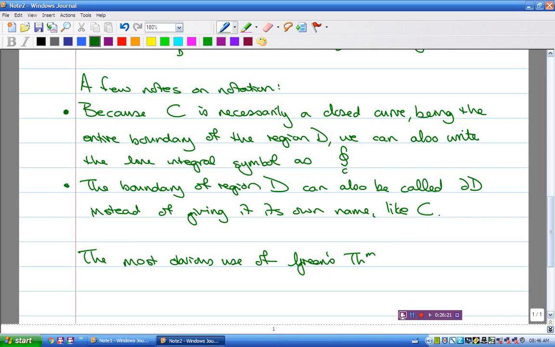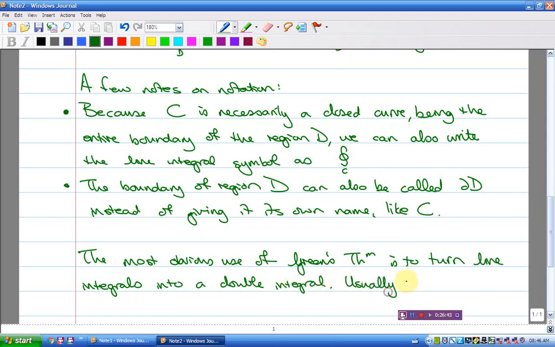And the most typical use of Green's theorem is to turn line integrals, which are often harder to do, into a double integral, which are often quite easy to do. But we do it the other way as well, depending on the context.